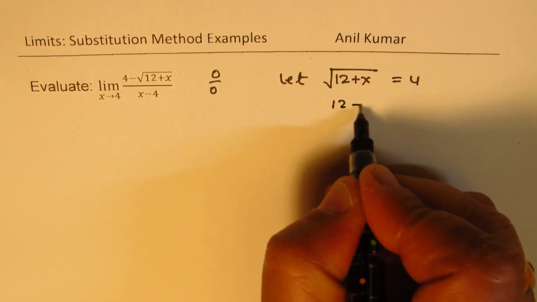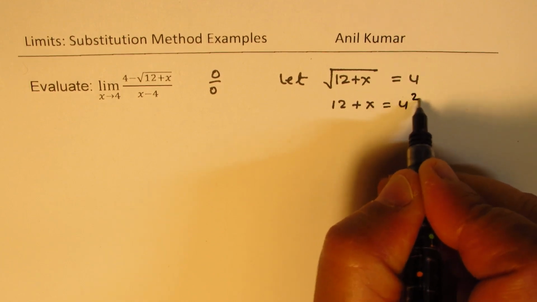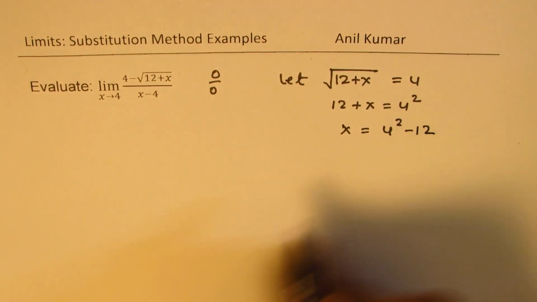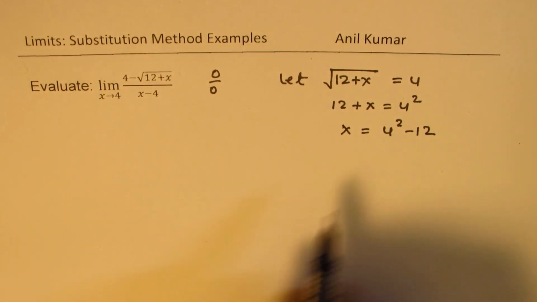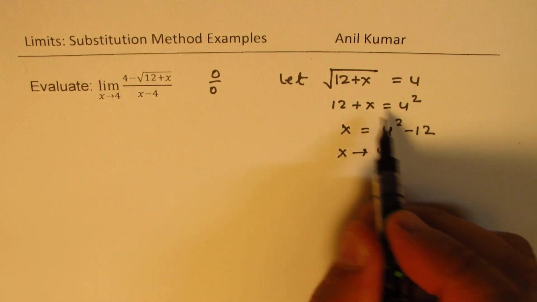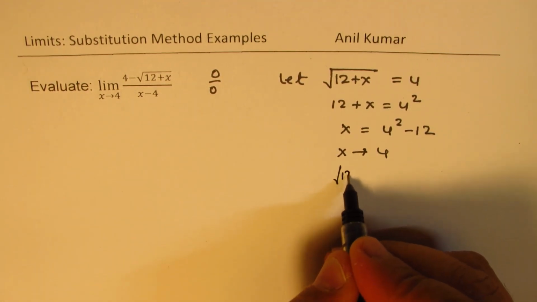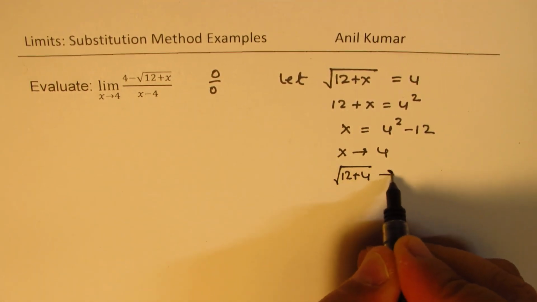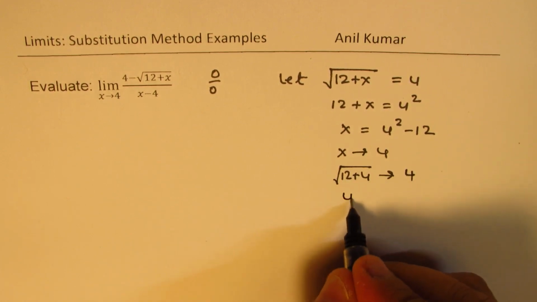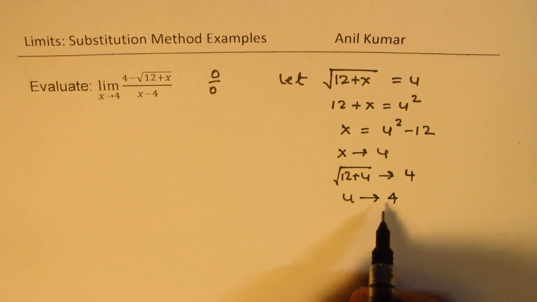In that case, 12 plus x is u squared, and x is equal to u squared minus 12. Correct? Now also, when x approaches 4, in that case, square root of 12 plus 4, which is square root of 16, will approach 4. That means u also approaches 4, correct?